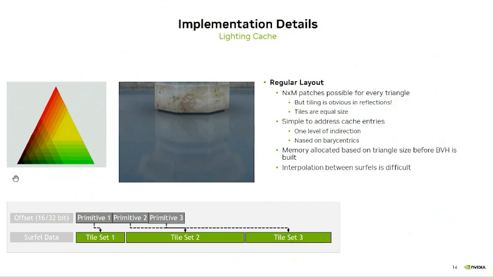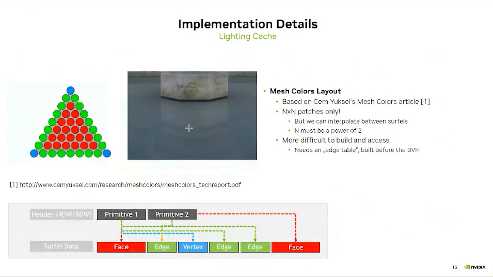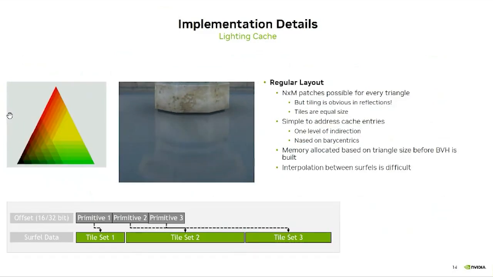But because we cannot interpolate between individual cache entries, or circles, or whatever you want to call it, in the mirror reflections you can actually see the tile cache. Probably it doesn't show very well on this, but let me flick it back and forth. So this is for mesh colors, where we interpolate between them. And this is the tile cache. It's quite subtle, but it's noticeable.